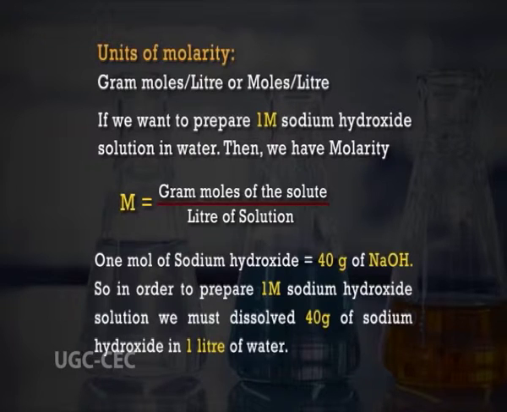So in order to prepare 1 molar sodium hydroxide solution, we must dissolve 40 gram of sodium hydroxide in 1 liter of water. More generally, the molarity of a solution is expressed as moles per liter or as millimoles per milliliter. As the volume of solution changes with the temperature, molarity of a solution changes with temperature.